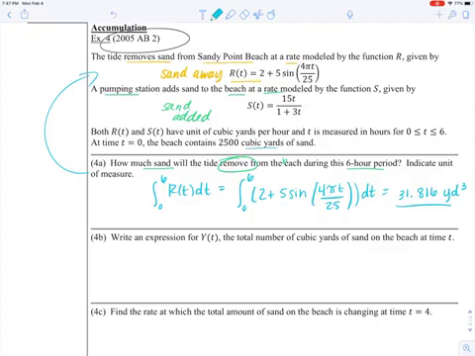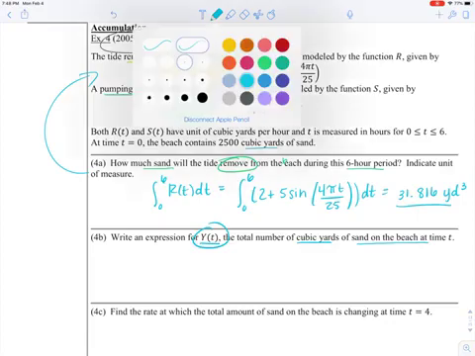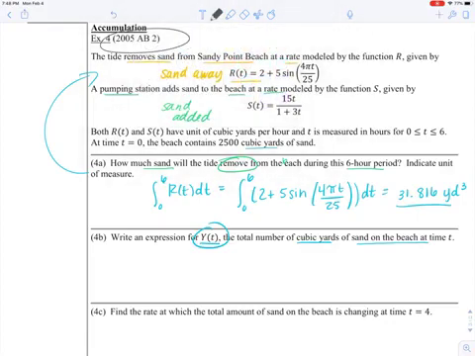It now asks me to write an expression, y of t, and if they tell you y of t, you have to use that letter, for the total number of cubic yards on the beach at any time. Now, we need to do this from a logical standpoint.